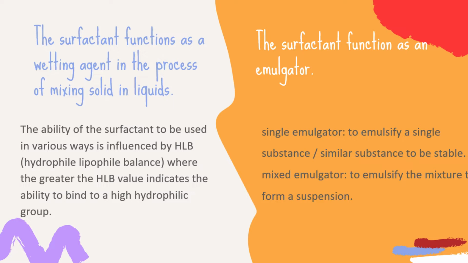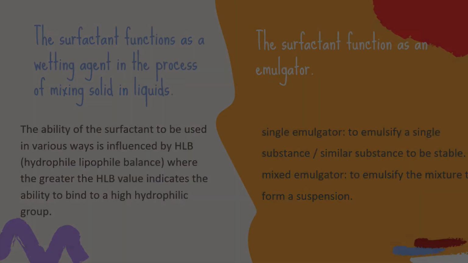On the other side is the surfactant function as an emulgator. There are single emulgator and mixed emulgator. The single one is to emulsify a single or similar substance to be stable, and the mixed one is to emulsify the mixture from a suspension.